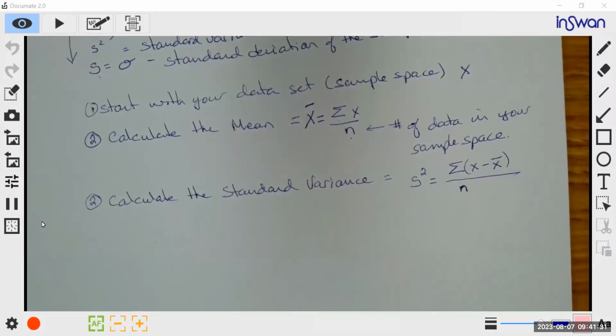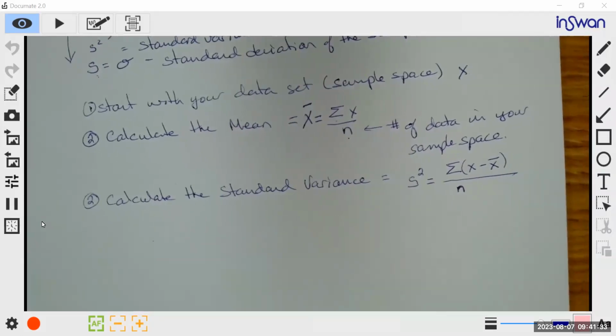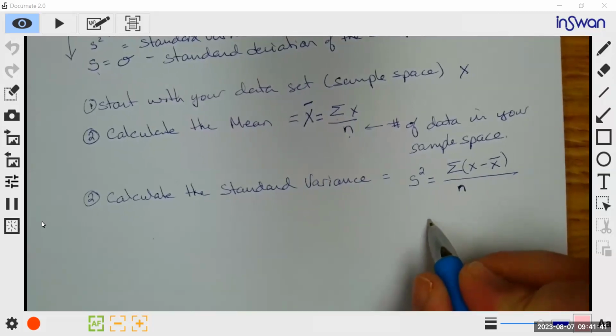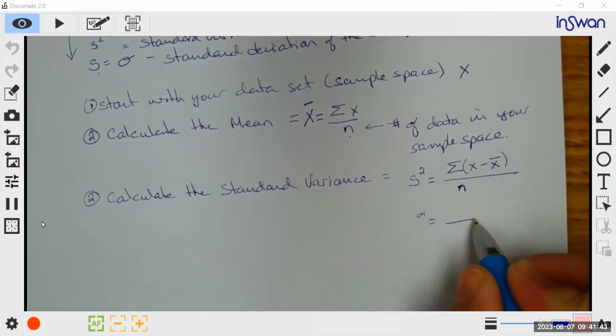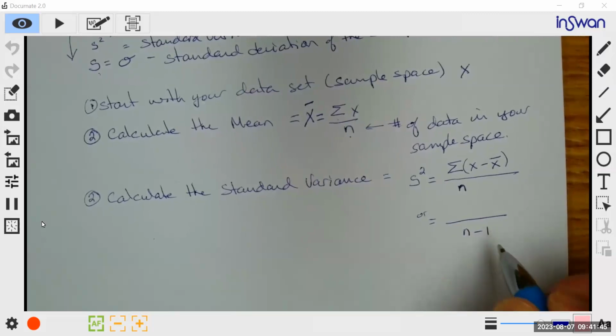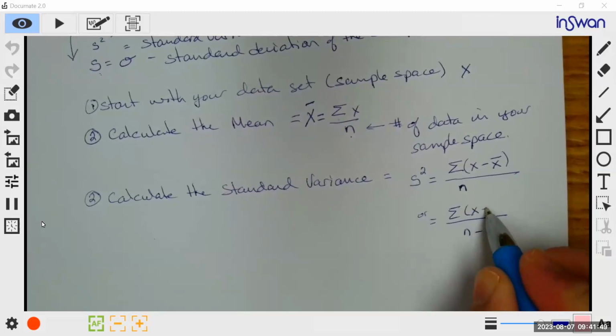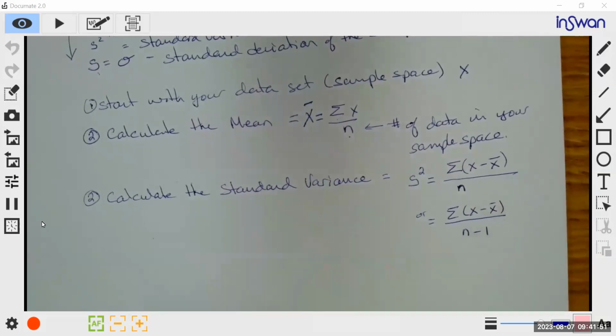You have to be cautious here because sometimes, depending on the type of data you have, you're either going to have N or N minus 1 in your denominator. It all depends on the type of analysis you're doing.